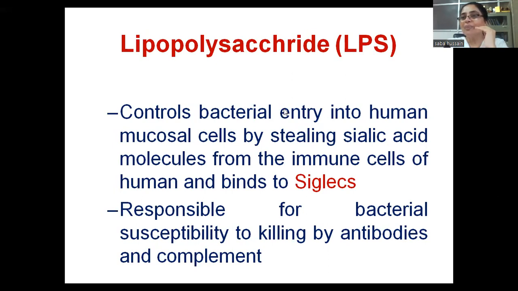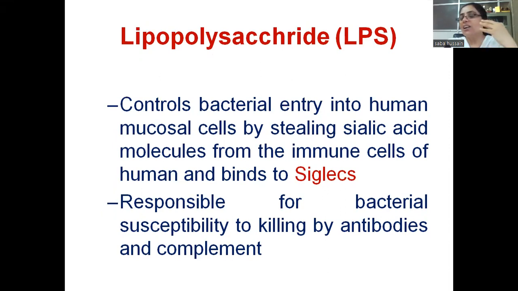So what is this lipopolysaccharide doing in this case? It is taking the sialic acid and dressing itself in such a way, forming lipo-oligosaccharide molecules. A chemical reaction is taking place. I'm not going into the chemistry of it, but just to make it clear, it wears a dress of sialic acid.